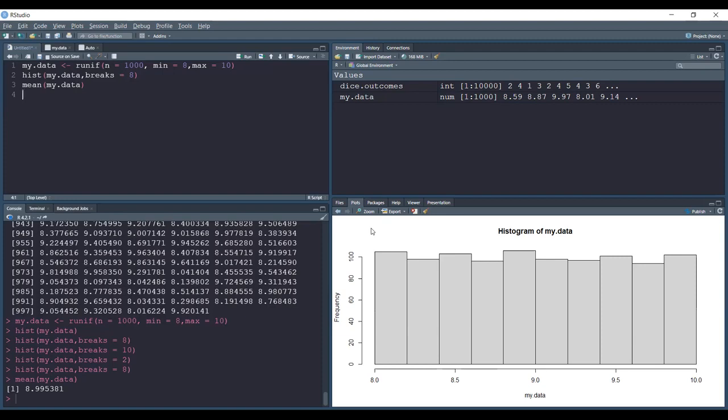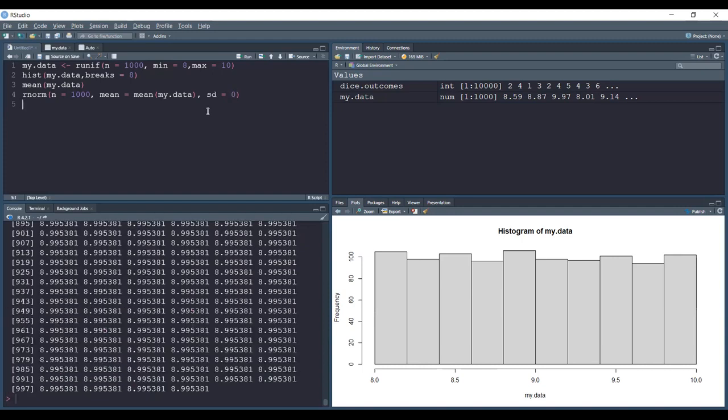This is just to get an idea of the variability. Remember, I could create another 1,000 randomly generated values. I use the normal distribution, and this is a bit cheeky, but there's probably an easier way of doing it. I could say the mean is this, and the standard deviation is 0.